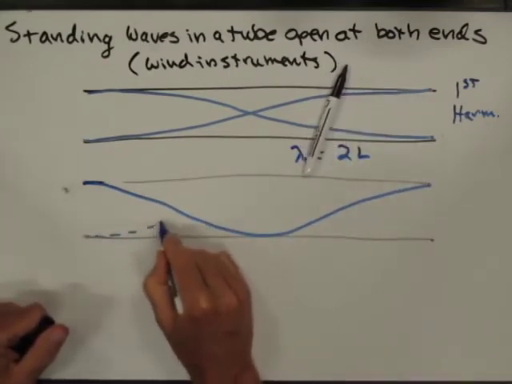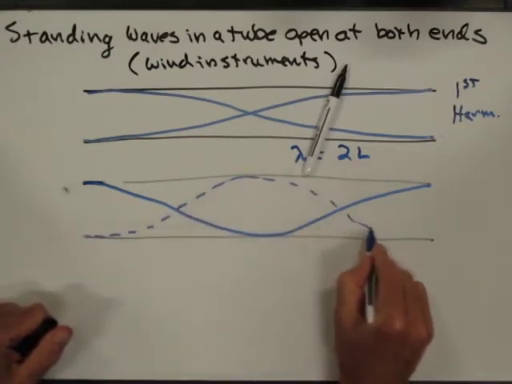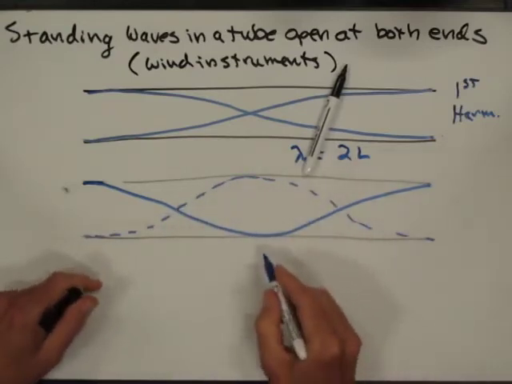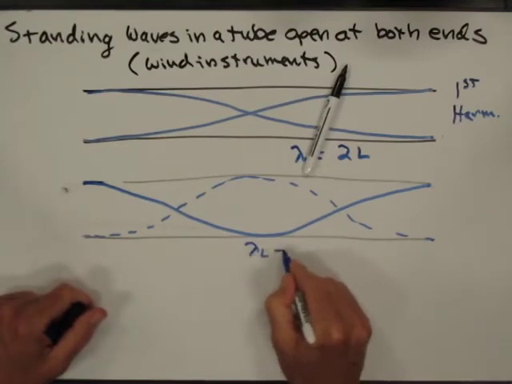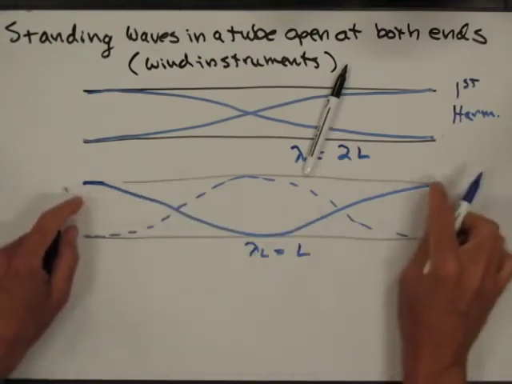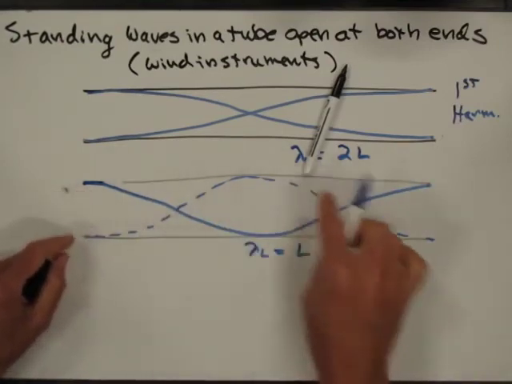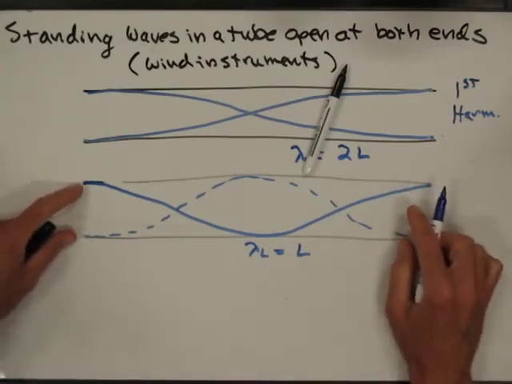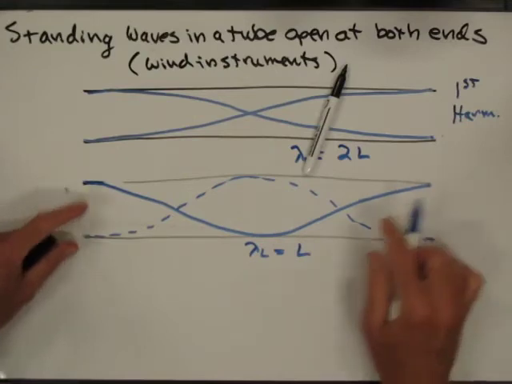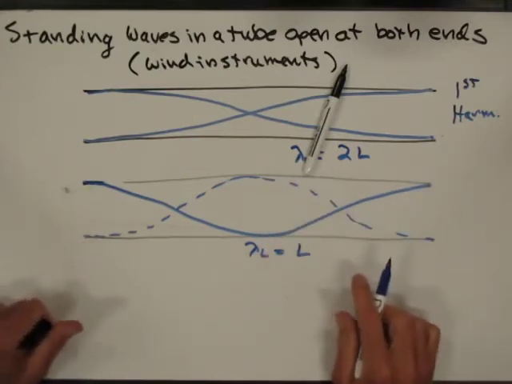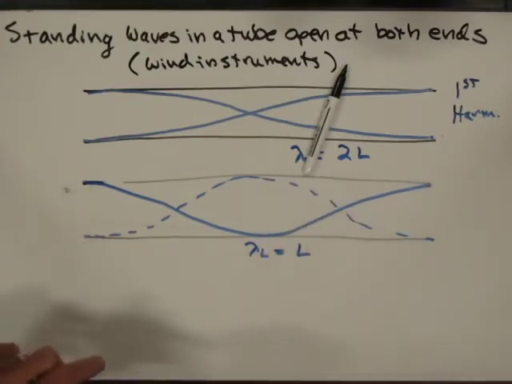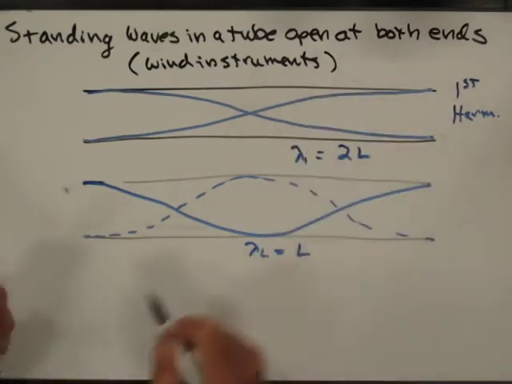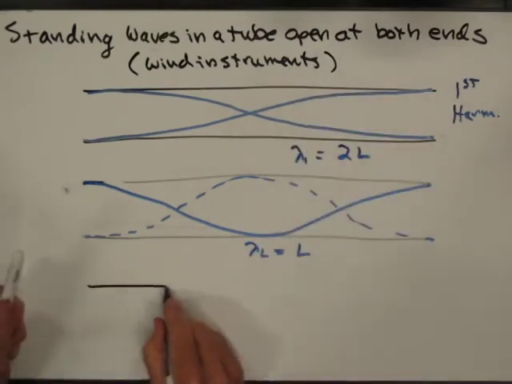And then it can, when it vibrates, it goes like this, right? And here, lambda 2 is equal to L because it goes from low to high, or high to low to high, or low to high to low. And so this is actually one full wave, right? It goes from peak to peak again, or trough to peak to trough again. And so this is starting to look very much like the string one we did a couple of videos ago.